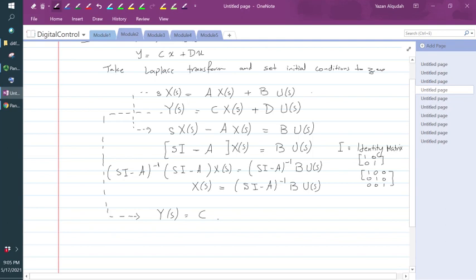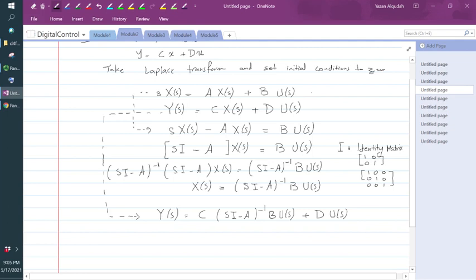So I can write it as c multiplied by sI minus A inverse multiplied by B multiplied by u of s, and plus, if I have the D matrix, plus D multiplied by u of s.